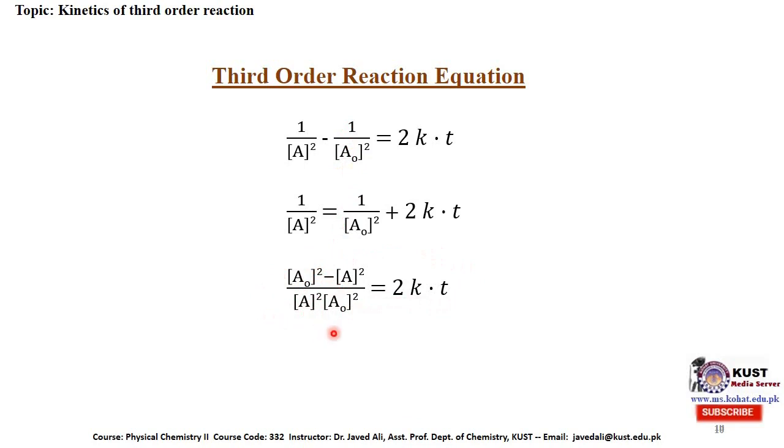This is another form of third order reaction when initial concentration of reactants are the same. In the same way, we can plot A naught square minus A square divided by A square A naught square versus t. We will get a straight line with slope 2k and 0 intercept.